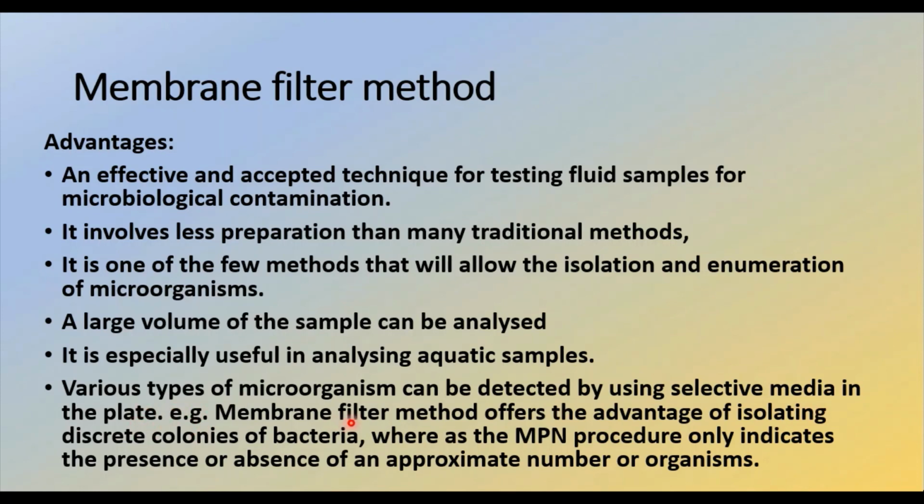For example, the membrane filter method offers the advantage of isolating discrete colonies of bacteria. When we come to the MPN, most probable number procedure, it only indicates the presence or absence and an approximate number of organisms. But here we can isolate as well as count by using this membrane filter method.